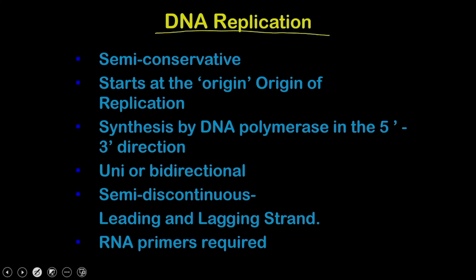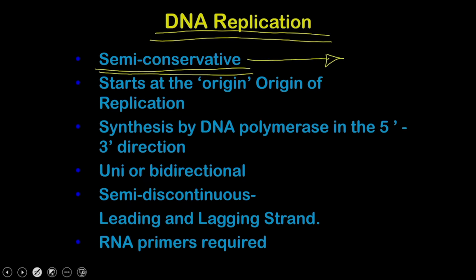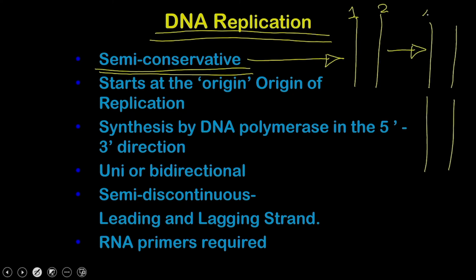Now, DNA replication has various characteristics. For example, DNA replication is semi-conservative. For example, if these are the 2 strands, 1 and 2, it is going to give you 4 strands in total. In these 4 strands, 1 and 2 are separated, and 3 and 4 are synthesized.